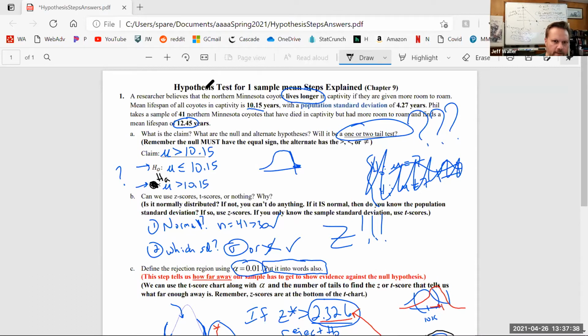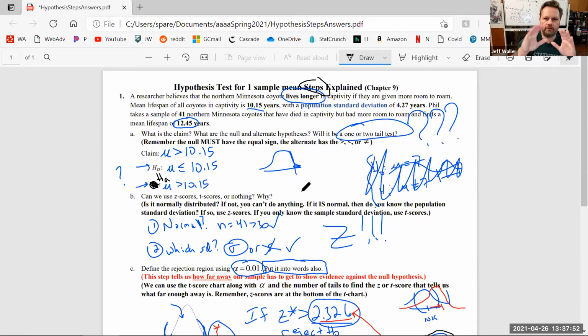This sheet again is up on Canvas. I think it's called Hypothesis Steps. Print this out and have it sitting next to you as you work. Now, another thing about the book. Section 9.5 is where the full hypothesis problems are. Sections 9.1, 9.2, 9.3, 9.4 focus on parts of the hypothesis test because there are 5 parts to it.